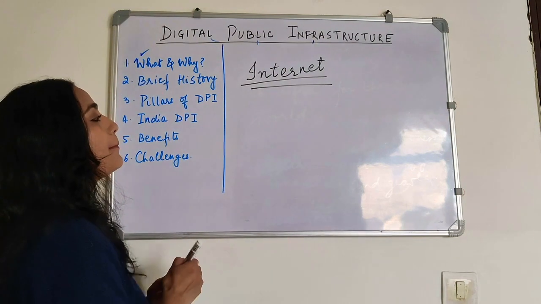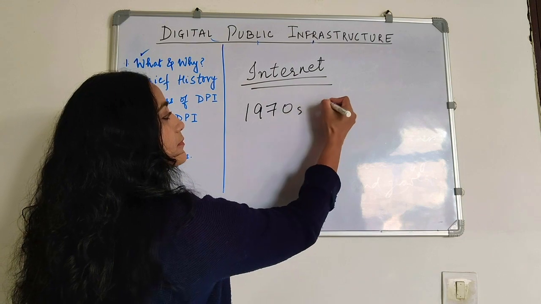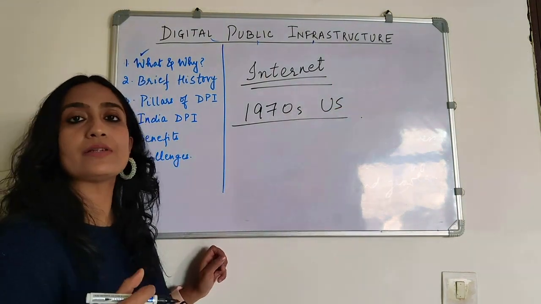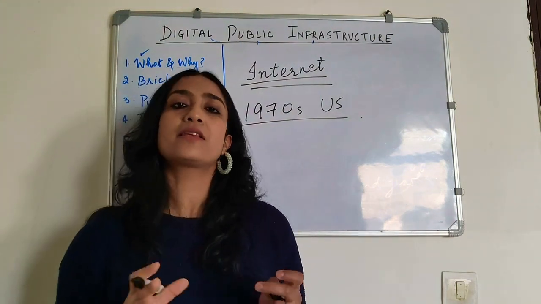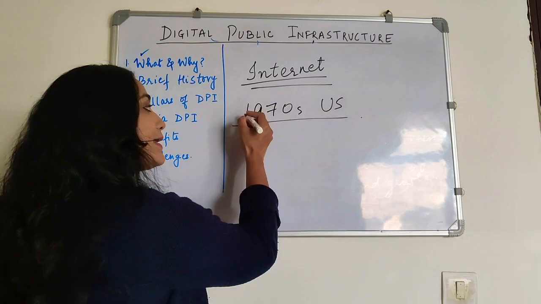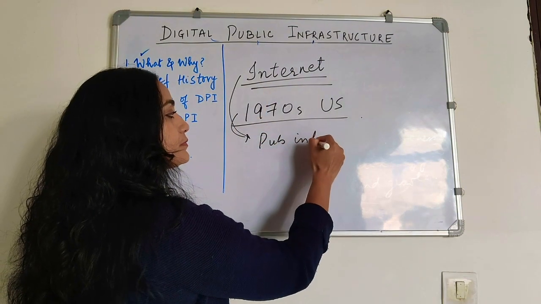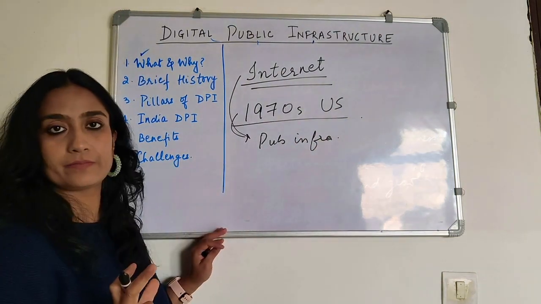Internet was first developed in the US in the 1970s, right? But now it is publicly owned, cooperatively, and in a self-sustaining manner. So this is a public infrastructure in all the senses of the term.